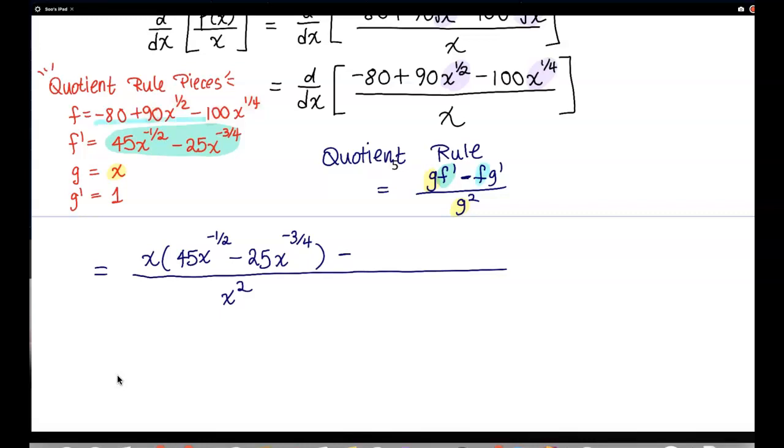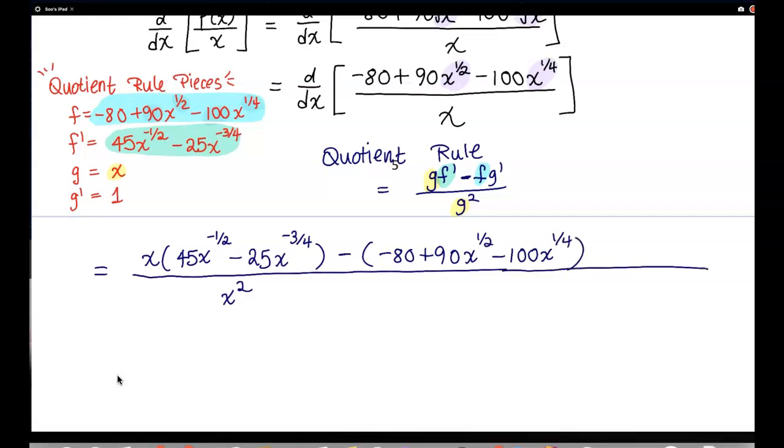F is this long trinomial, so I will have to put that long trinomial in parentheses over here. Parenthesis, negative 80 plus 90 times x to the 1/2 minus 100 times x to the 1/4. I will close the parenthesis.